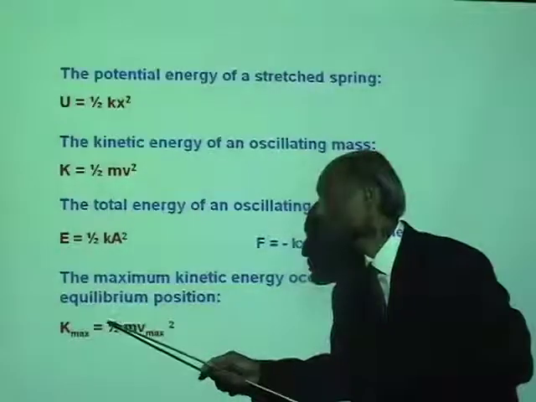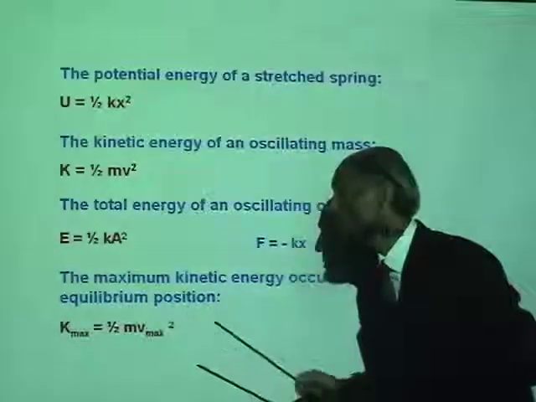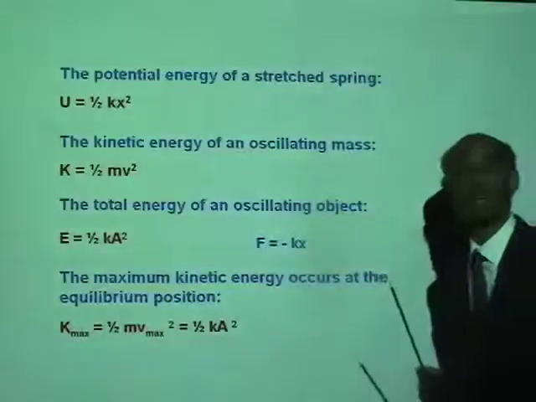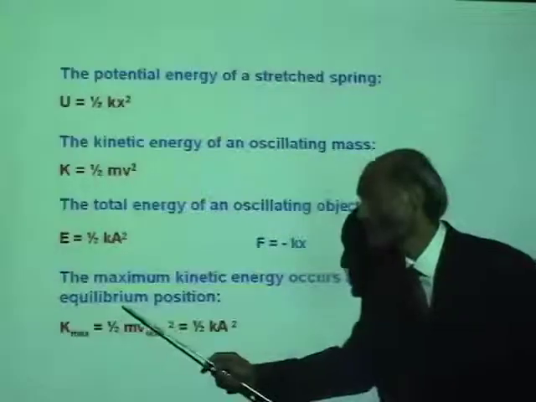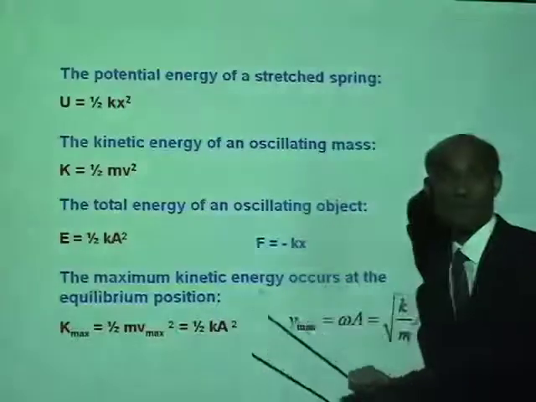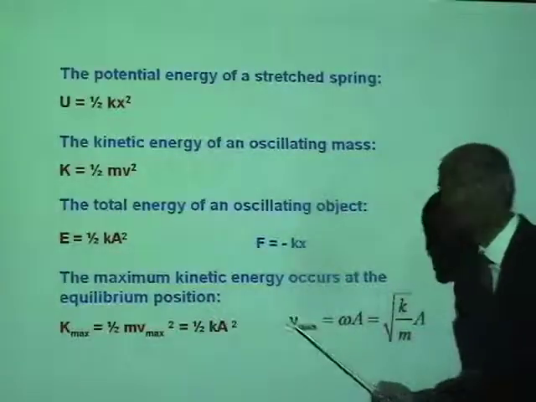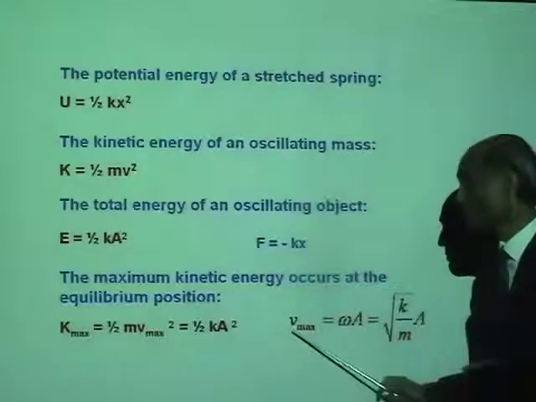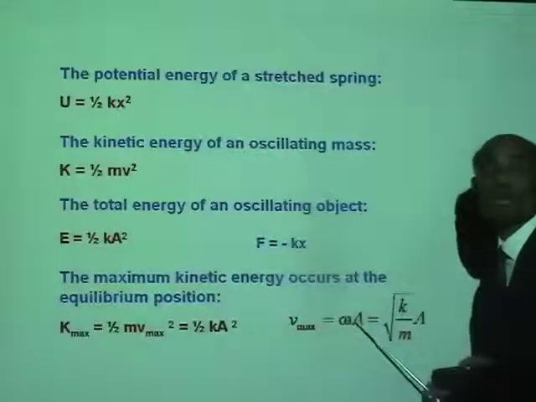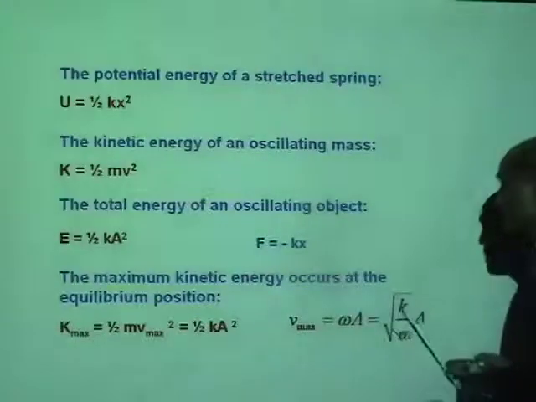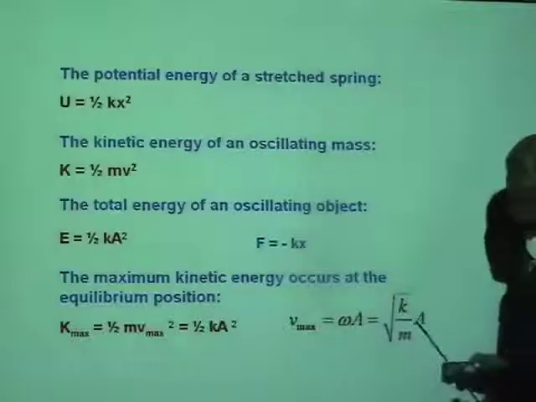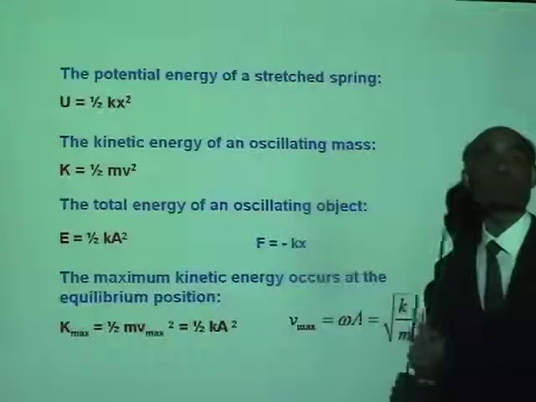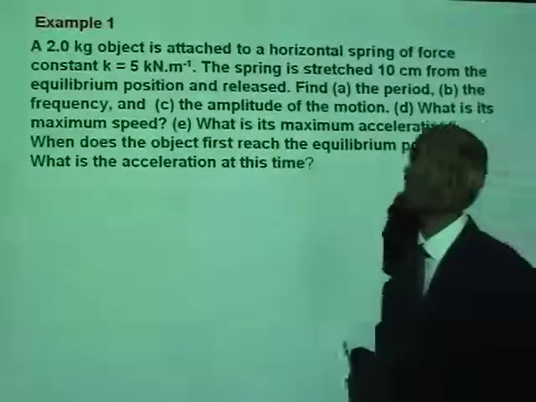So K max equals 1/2 m v max squared. That is equal to 1/2 k A squared. That's the total energy. Now, solving that gives you the same equation we have seen before: v max equals omega A, and omega is the square root of k over m.